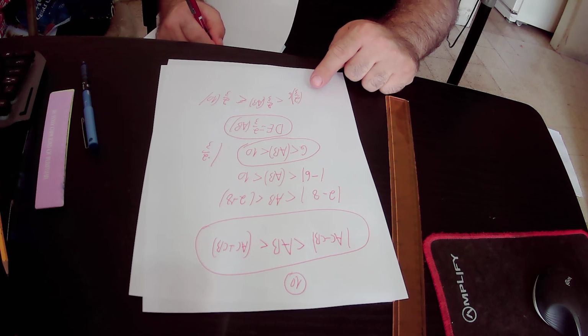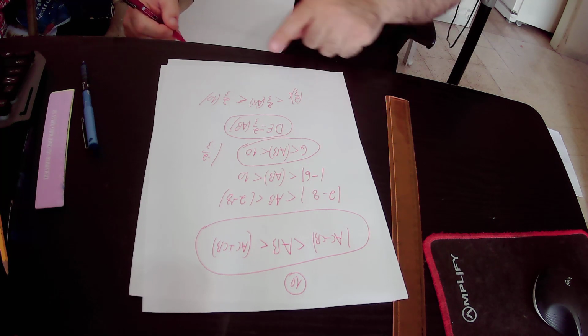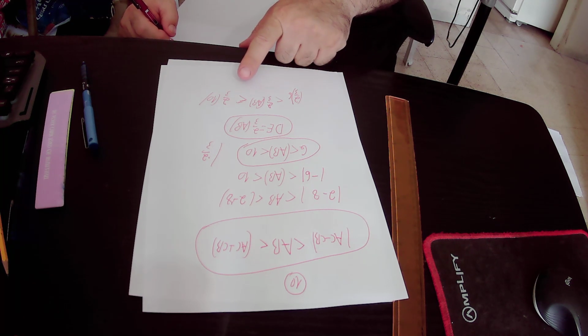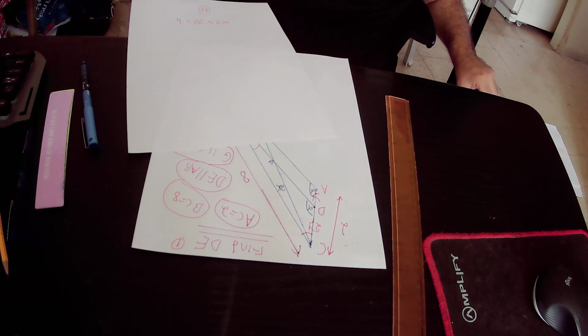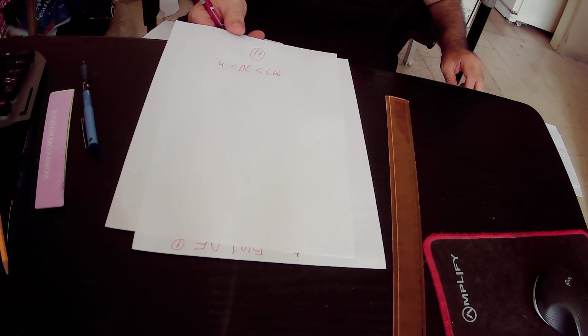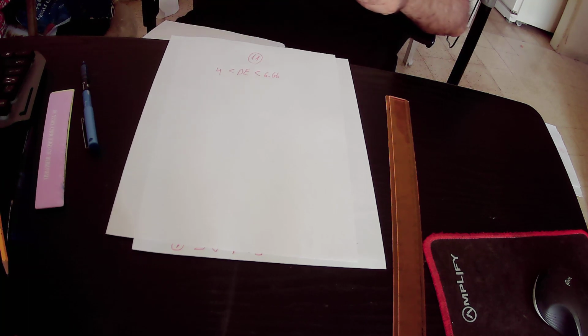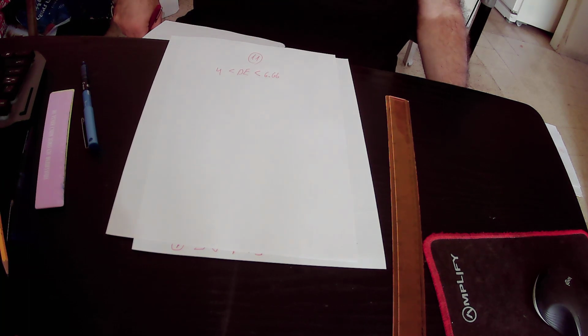So DE is bigger than 4, and it is smaller than 2 times 10 is 20, and 20 over 3 is 6.66. So we found out that DE is bigger than 4 and smaller than 6.66.